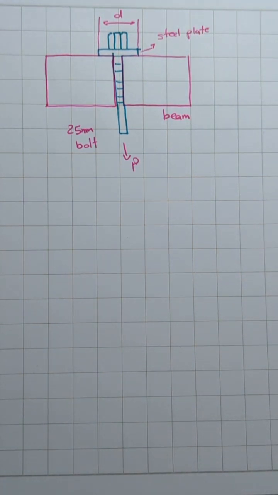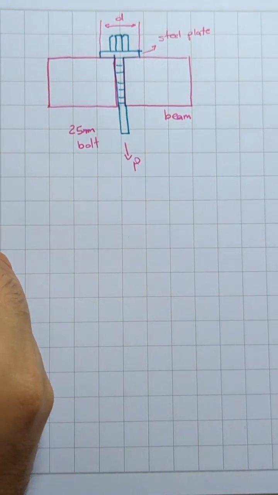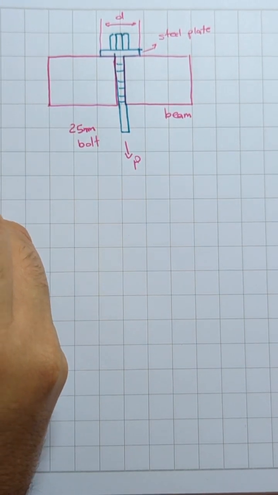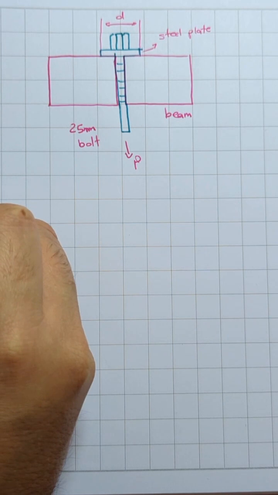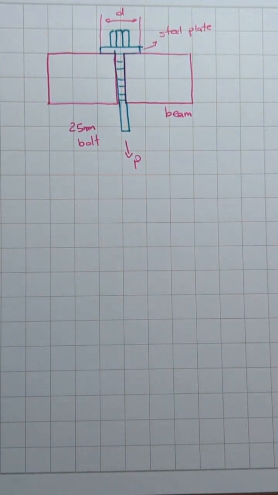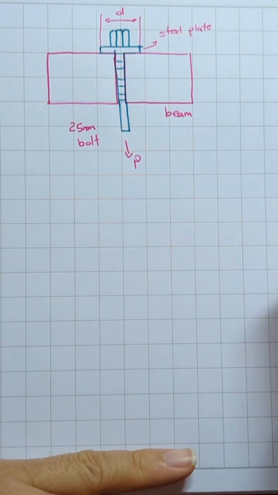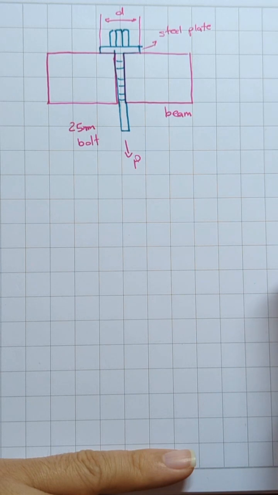All right, so for this, P equals sigma A, and we want to determine how much is the A. The area is pi r squared.